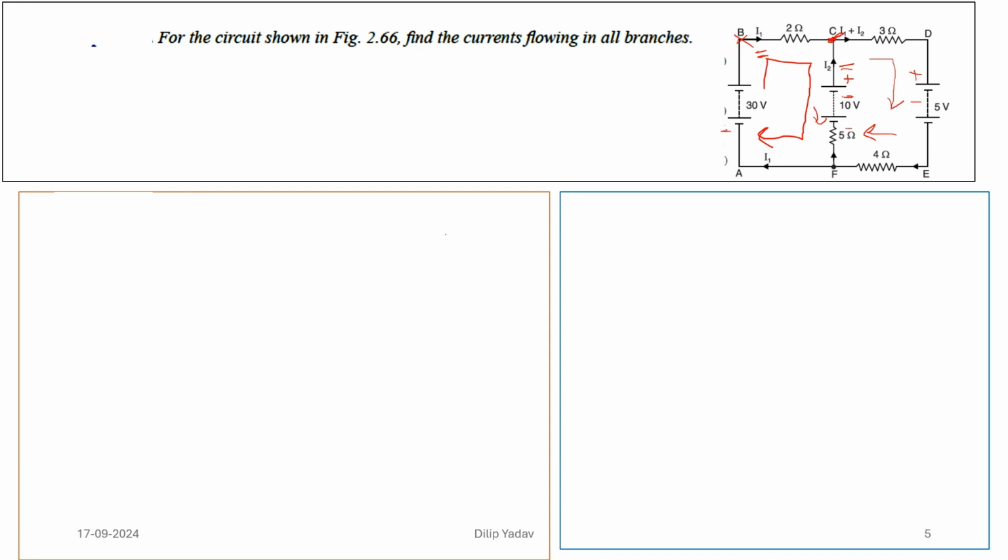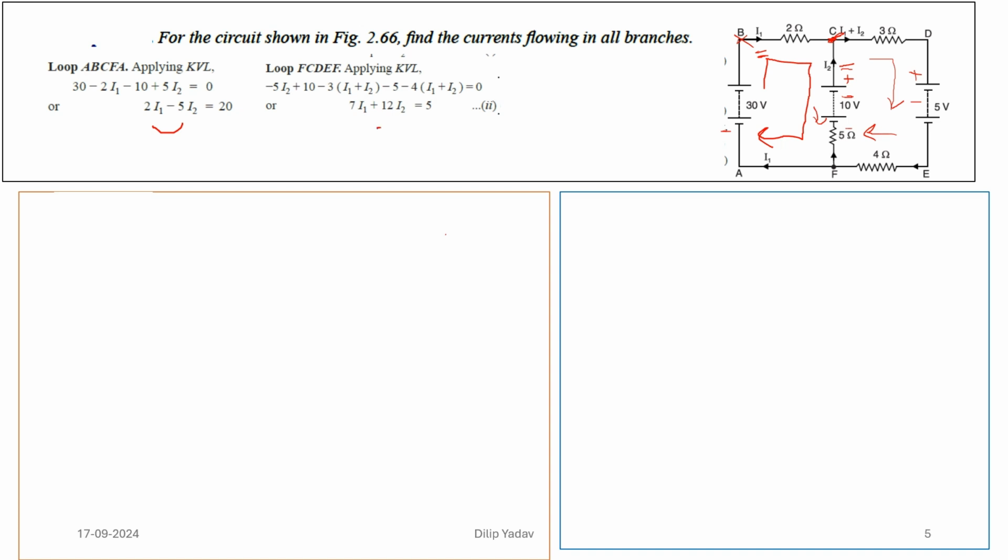We have this equation first, then the second equation, and in the third, by taking the same coefficients, we calculate I1 and I2. This will be subtracted, 14 will be calculated, and this will be 2.2 ampere. So this was the I2 value.